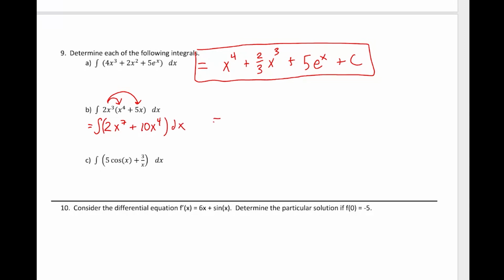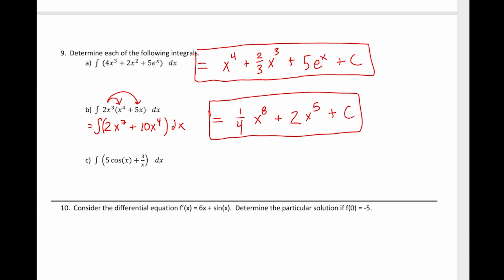And now we can just go one term at a time and find our antiderivatives. So we'll get x to the 8th, and then 2 divided by 8 is going to be 1/4, plus x to the 5th, and 10 divided by 5 is 2, and we need the plus c in the end. There's our integral.